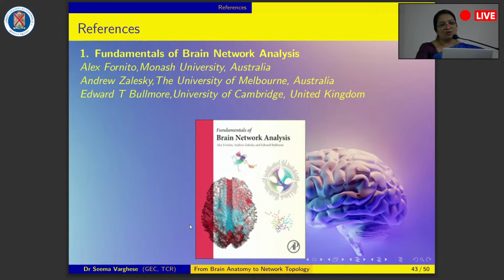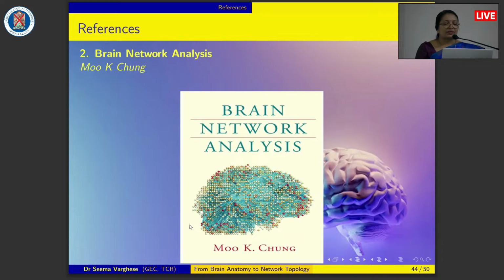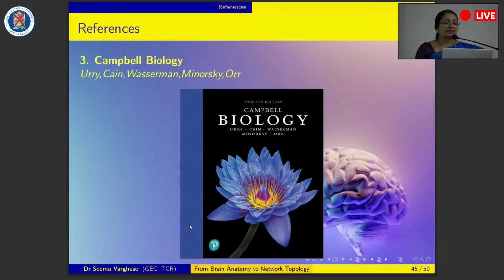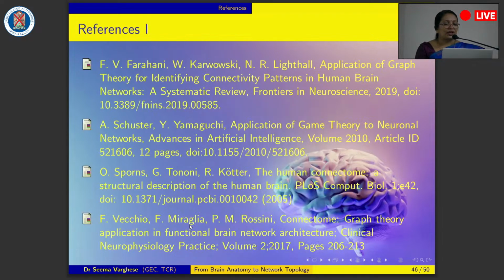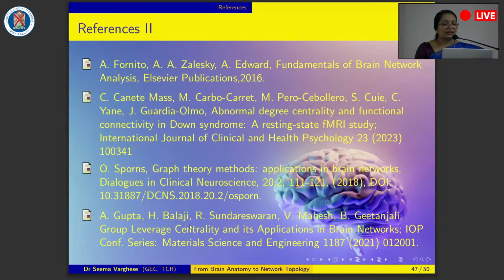They have gone through most of the metrics which are already developed, and how they affect neuroscience. So, fundamentals of brain network analysis. This is another one, and I have referred to this one also to learn biology. And these are my references. I don't have any published work here, but I am doing something in centrality measures, especially stress of a graph.